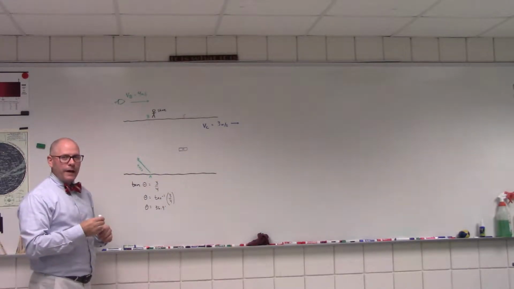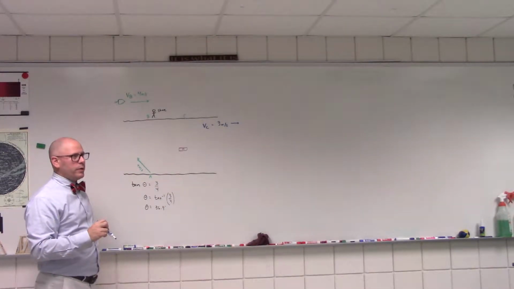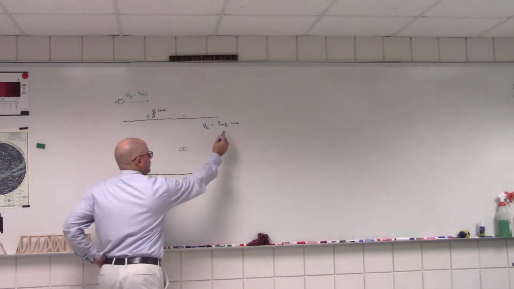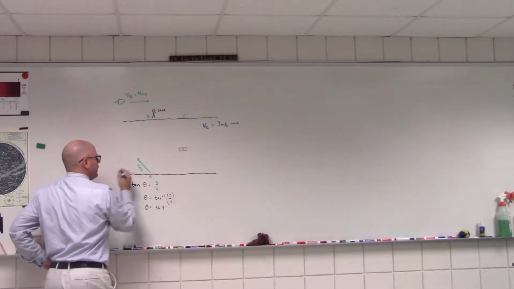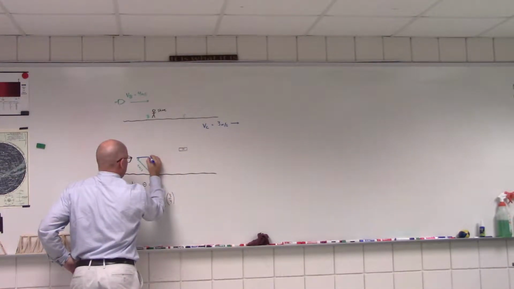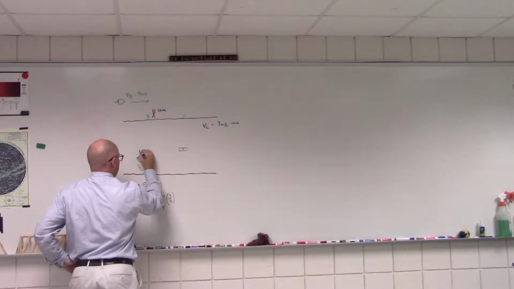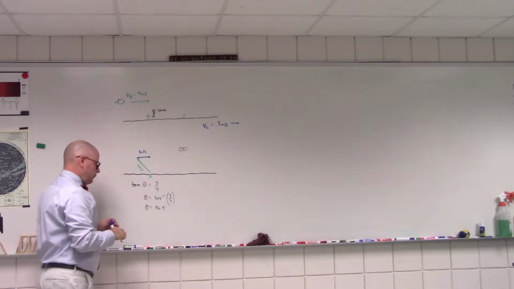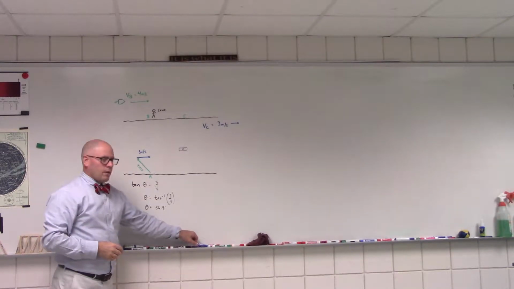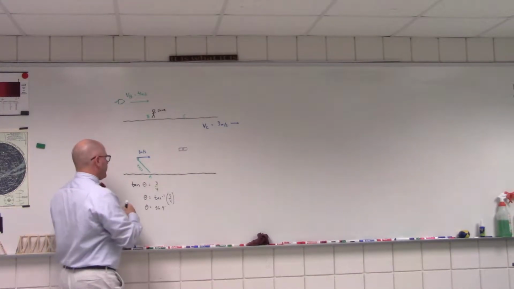But again, it's a vector addition problem, so I'm going to add my two arrows together. Take the tail of one, put it at the tip of the other. And now draw from the open tail to the open tip.